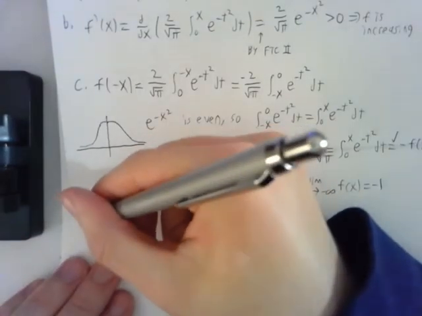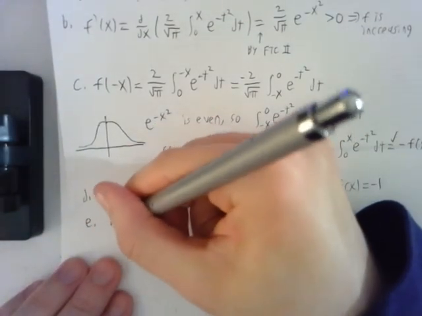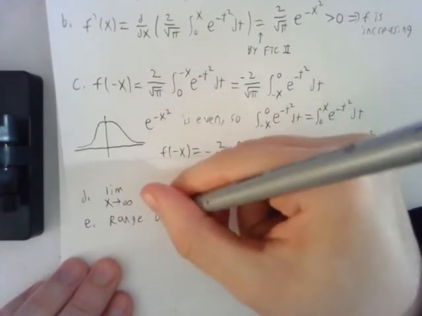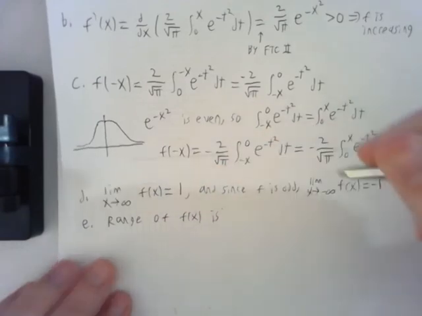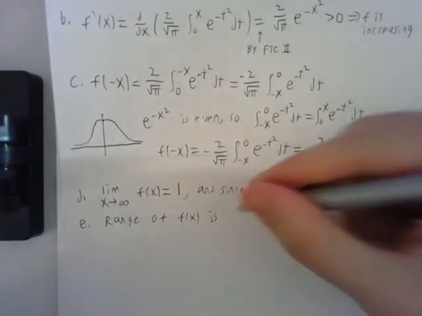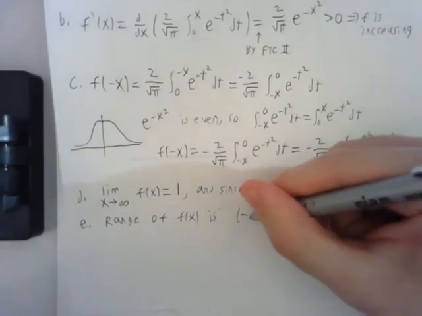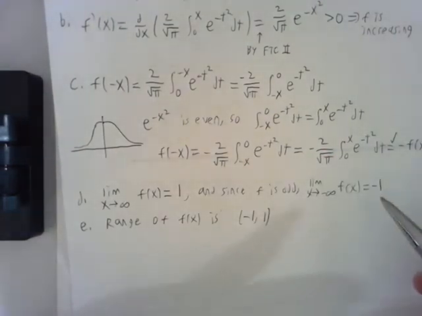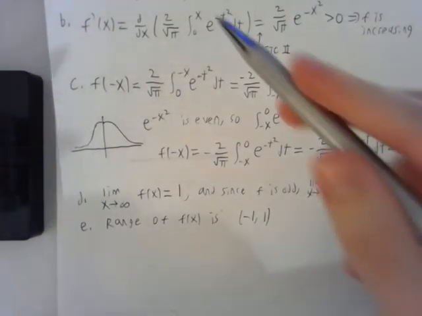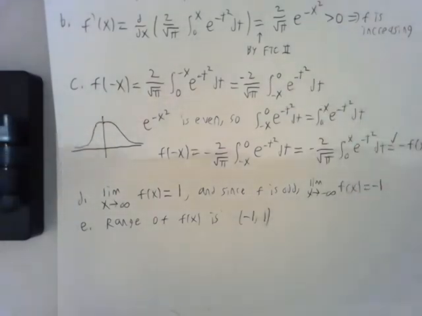And then the last part, the range of f of x is -1 to 1. So we know this because f of x is an increasing function by part b, so it always has to be going upwards.